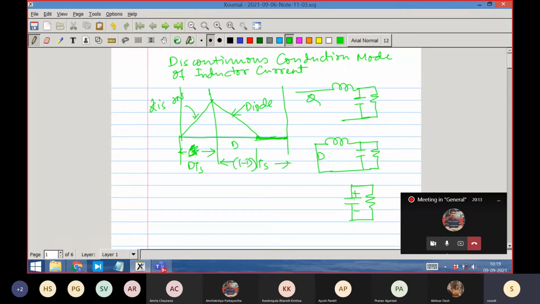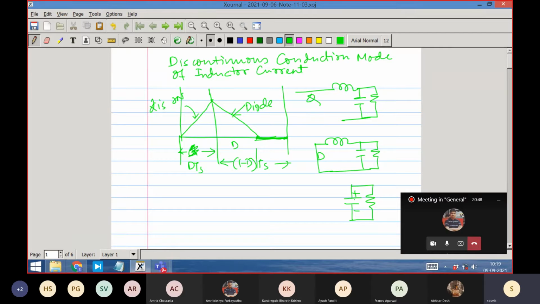First of all, it doesn't have to support for a long time, and the amount of energy required is also not substantial, because this kind of mode comes when the load current requirement is relatively low. In the high load current requirement, it never comes, but it may come not only because of the load changes, but because of the changes in the switching frequency.